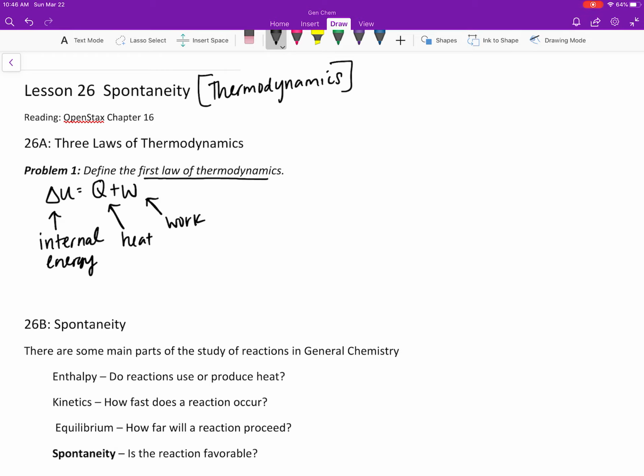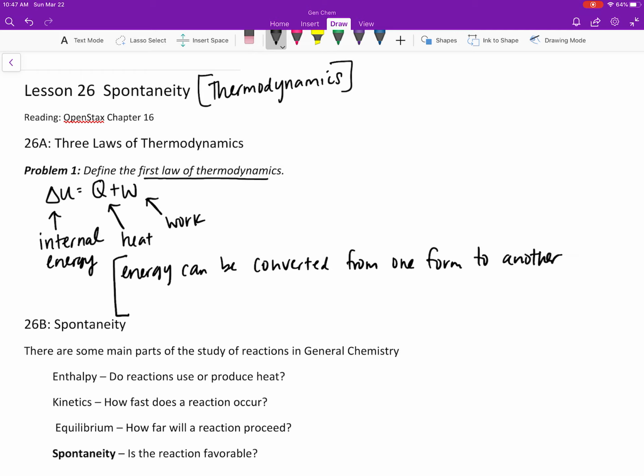Another way of defining it is with words: energy can be converted from one form to another, but it cannot be destroyed.